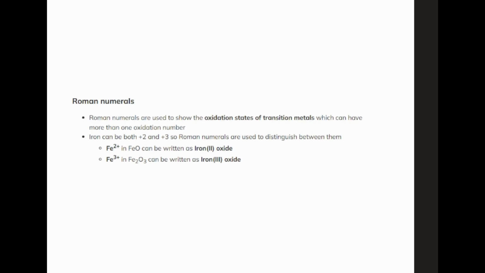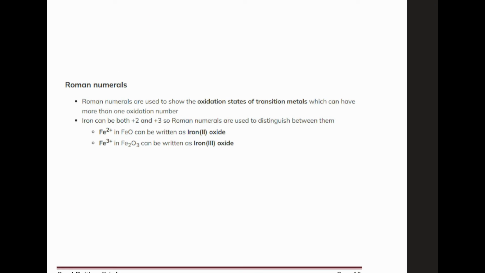Roman numerals. So the first point here, they say Roman numerals are used to show the oxidation states of transition metals, which can have more than one oxidation number. So transition metals, for example, like iron.